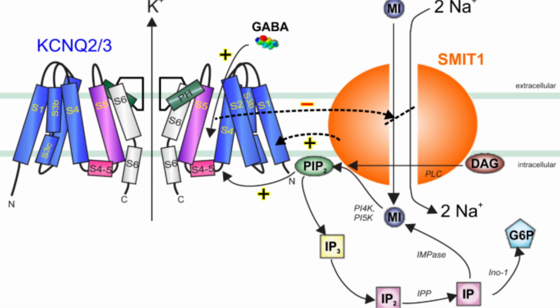Indeed, loss of function mutations in KCNQ2 or KCNQ3 cause hyperexcitability, like in epilepsy, because neurons fire too easily without the stabilizing M current, or, according to Tzounopoulos' research, tinnitus.